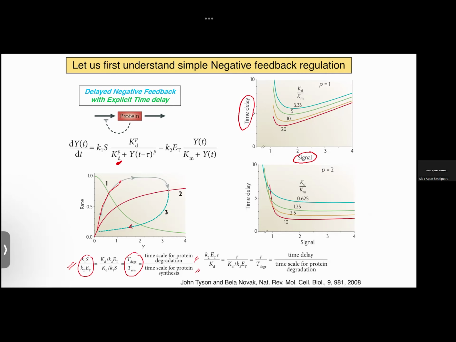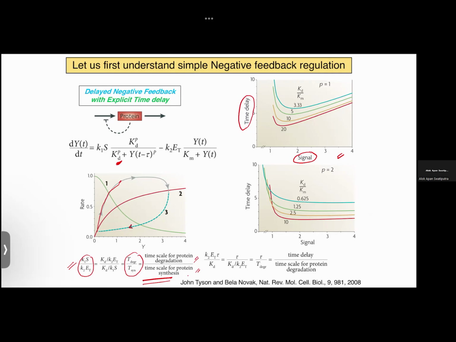So can I in essence say that this is a good measure of my signal strength? Since K1 is by K2, higher the value of S, higher will be this particular quantity. To non-dimensionalize it, to get rid of the units, we converted it into the time scale form.